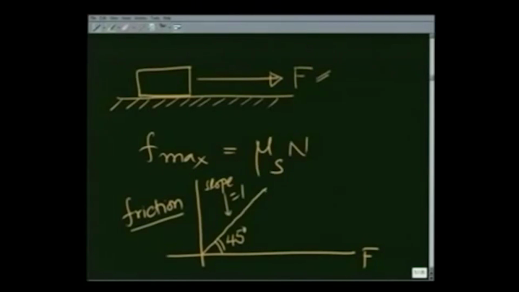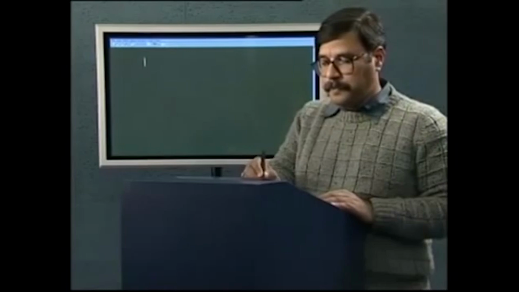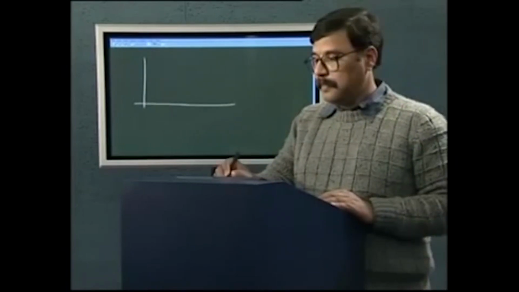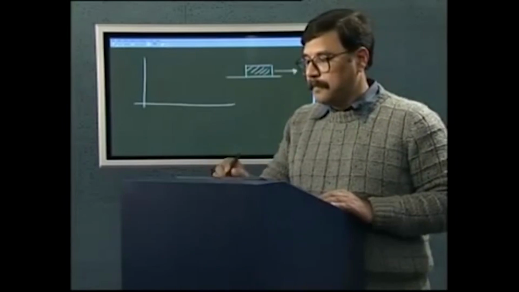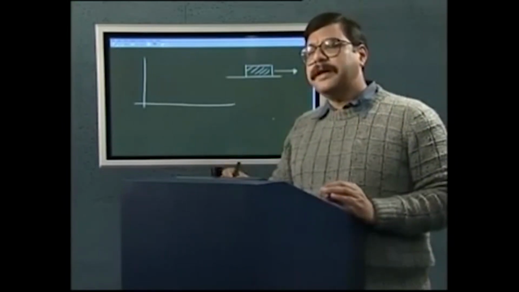And right when the applied force exceeds the maximum possible frictional force, the body would start to move and the frictional force may become a constant. I am drawing this line because this force drops slightly, as I will explain in the coming few minutes. Of course, once the body starts moving, the frictional force is slightly less.